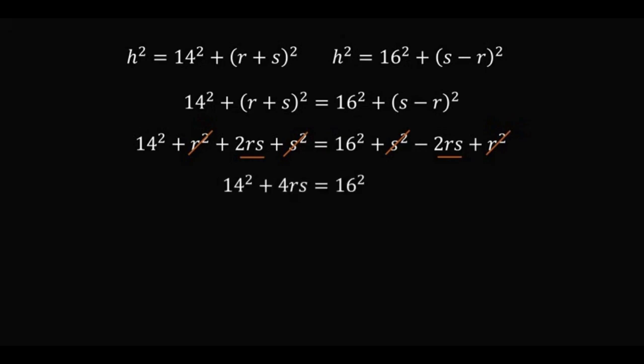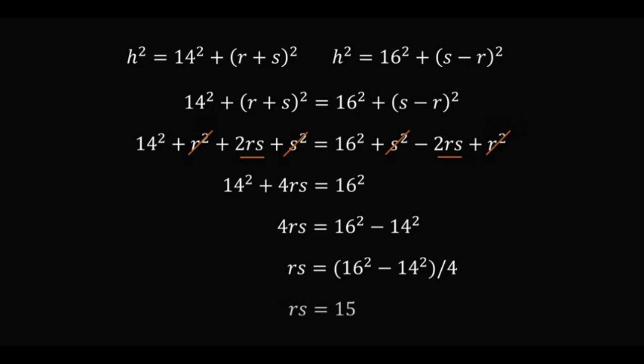This simplifies to be 14 squared plus 4rs is equal to 16 squared. Subtract 14 squared from both sides of the equation, and then divide by 4. So r times s is equal to 16 squared minus 14 squared all over 4, and this means that r times s is equal to 15 units squared. And that's the answer!